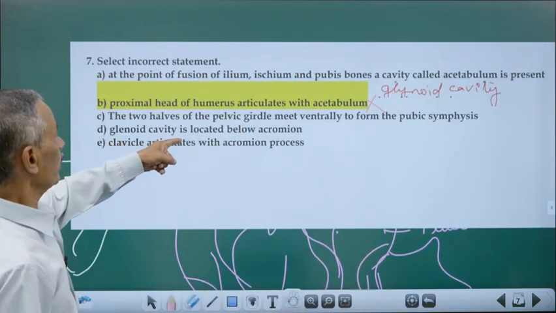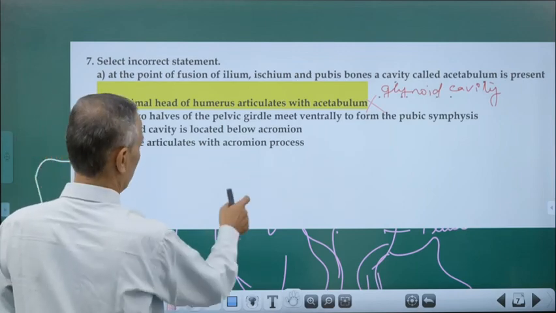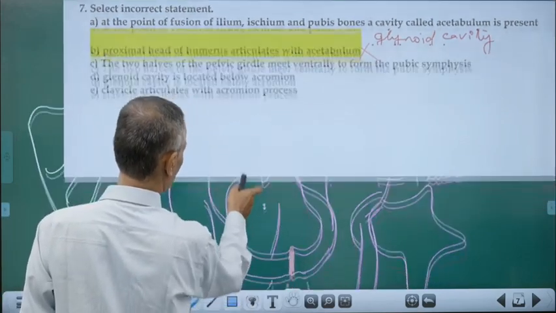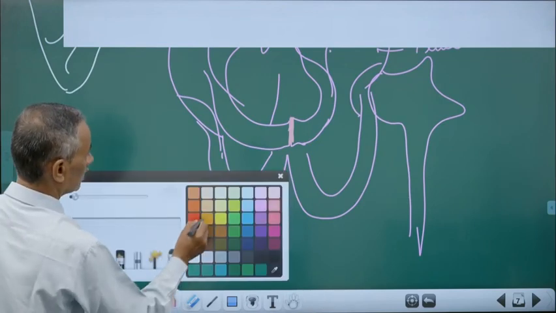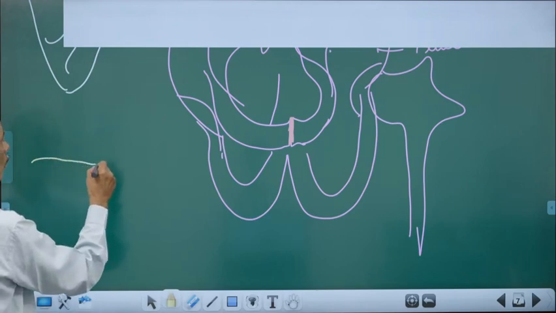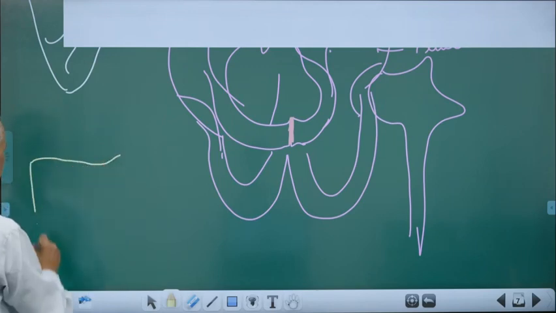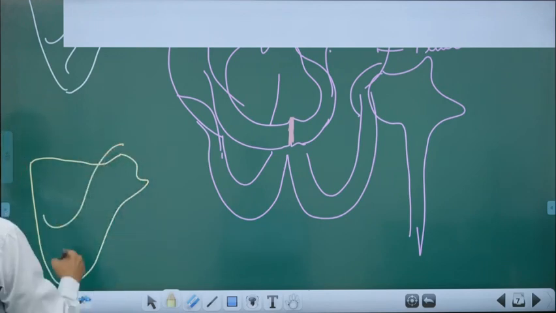Glenoid cavity is located below acromion. What is acromion? In the pectoral girdle, the scapula, that flat triangle-shaped bone, has a spine.